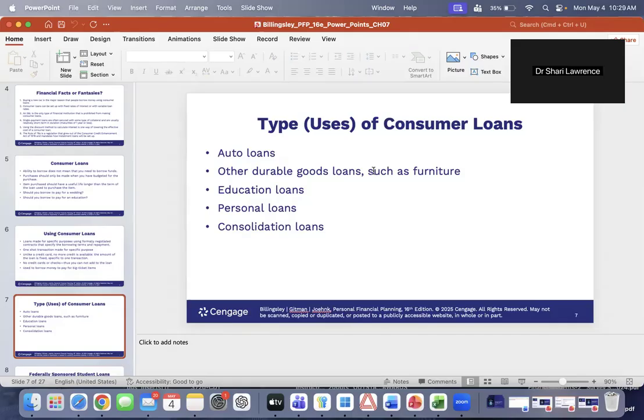It's not considered bad debt because you're going to have increased lifetime earnings as a result of more education. And when you pay back these student loans, they're very flexible and the interest rates tend to not be too high. Okay, so that's the student loans. That's all I'm going to say about that.